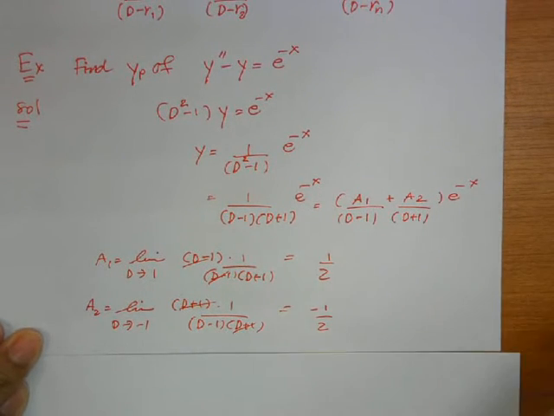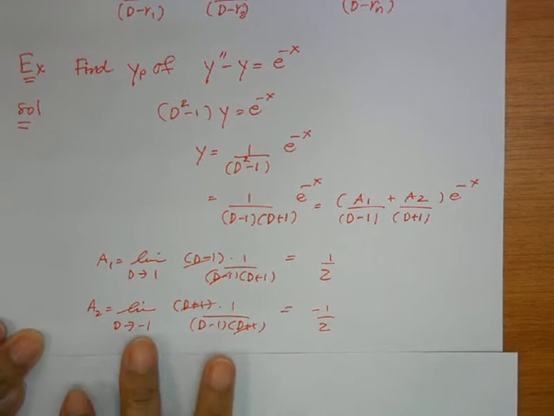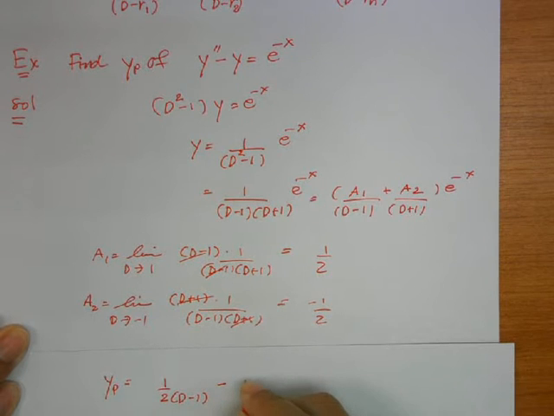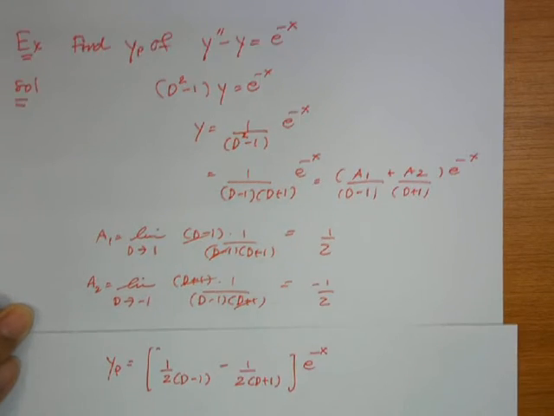This is what we learned before, right? So you know what to do. Our yp is equal to (1 over 2(D minus 1) minus 1 over 2(D plus 1)), and the whole thing times exponential of minus x.